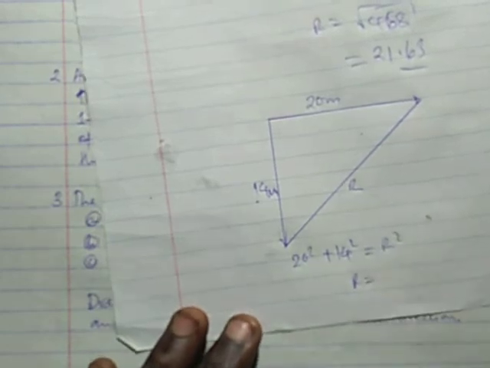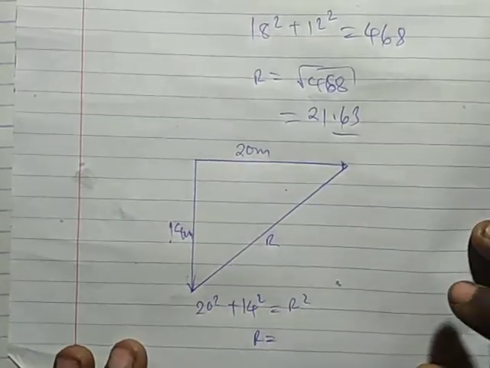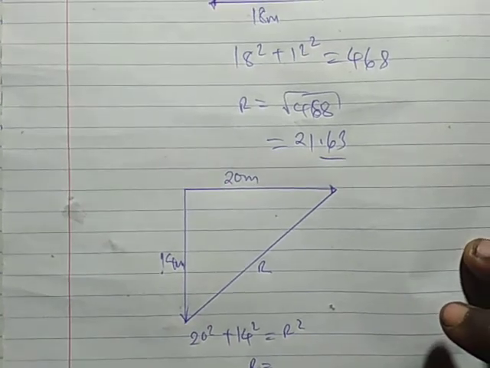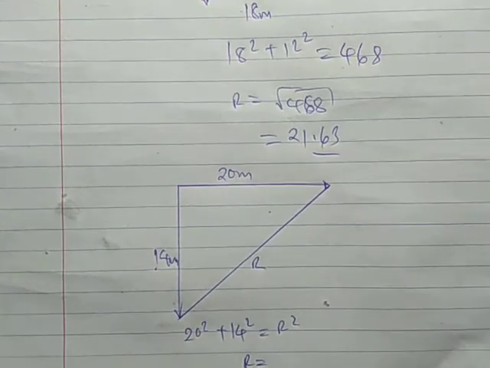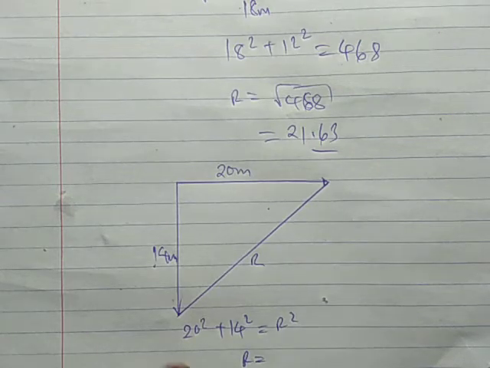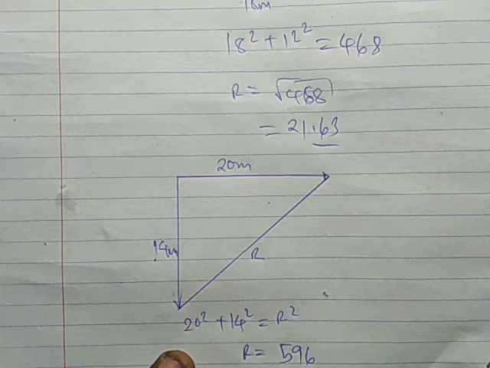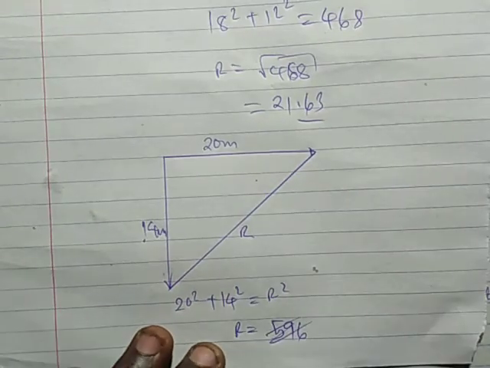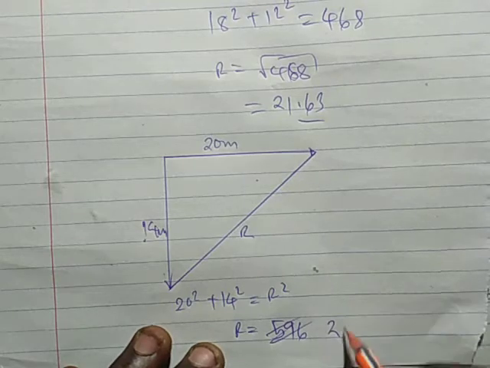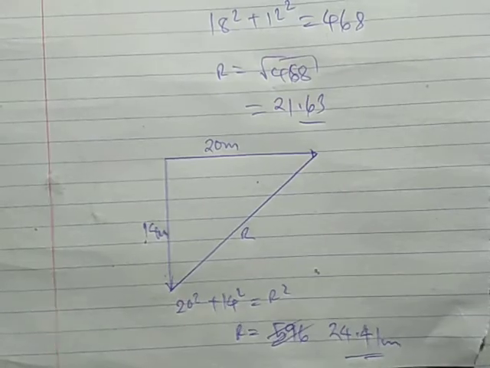Hii haihitaji nani sana, ni swala tu la hesabu. Ukiwa unajua tu hesabu hapo, basi complication zote zinakuwa zimeisha kwenye hilo swali. R is equal to 20 square plus 14 square. So you'll get 596. The square root of this is 24.41 meter. That is the final answer for question 3.